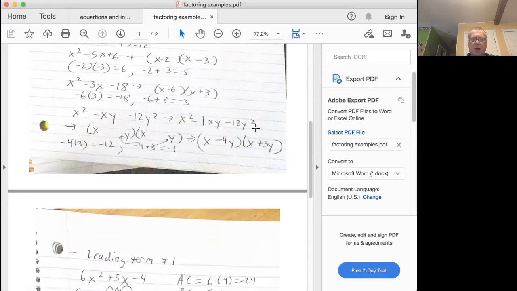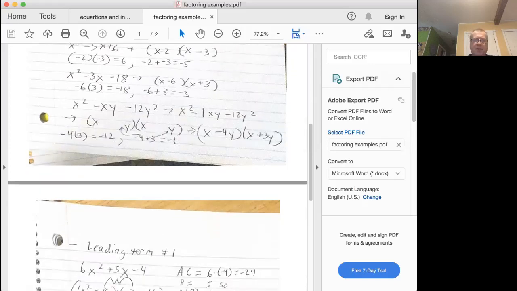What if we have an xy and a y squared, or an extra variable here, where the variable on the end is squared and it's first powered with the other variable here? Well, we do pretty much the same thing. The first thing we do is we look for two numbers that multiply to be minus 12 and add up to minus 1.